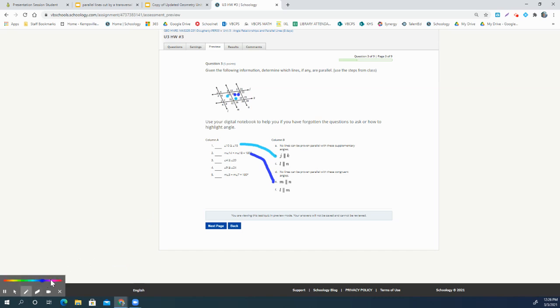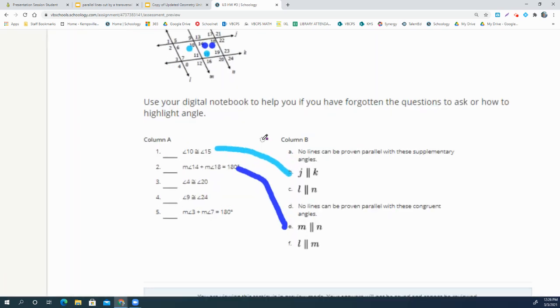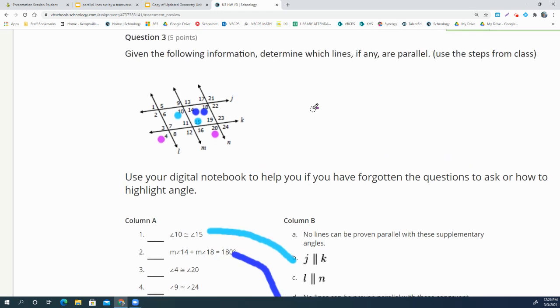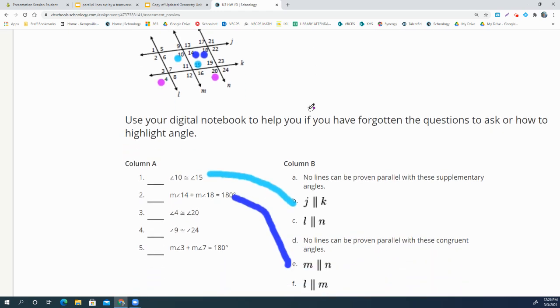Let me get a new color. So what about 4 equals 20? If 4 equals 20, they are equal to each other. They're congruent. Should they be congruent? We've got a southwest corner and a southwest corner. Should they be congruent? They should.